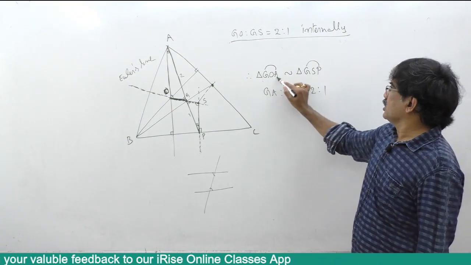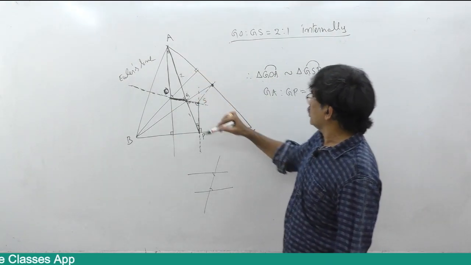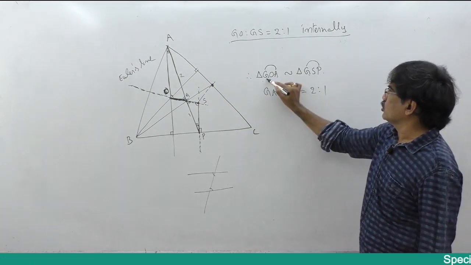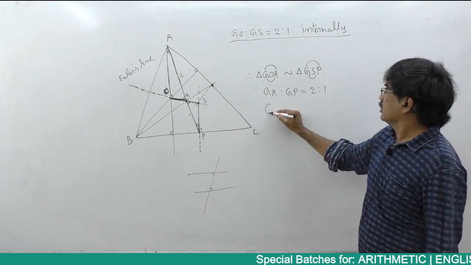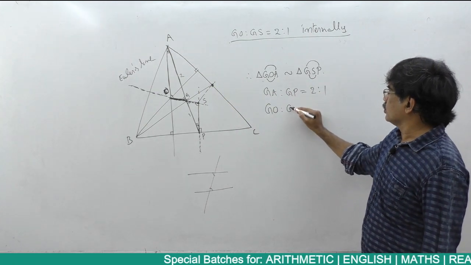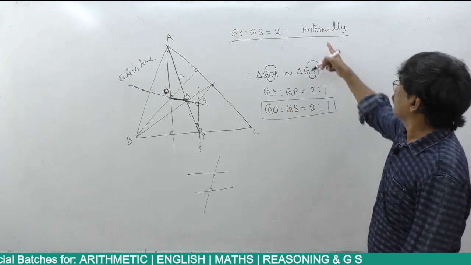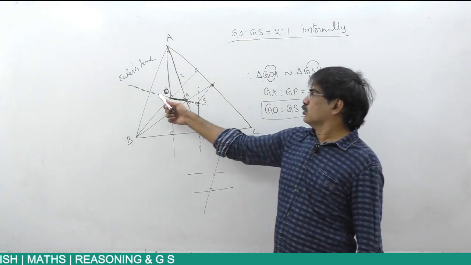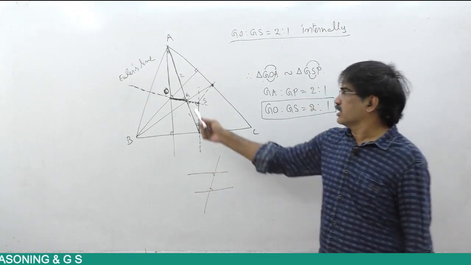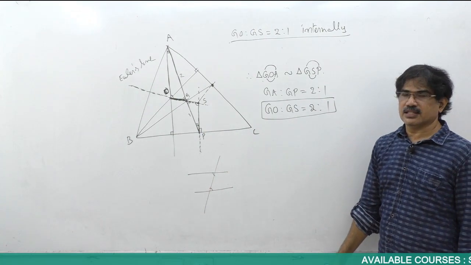So if GA is to GP is 2:1, GO is to GS is also in the ratio 2:1. Very simple proof. So therefore, OGS always collinear and G divides OS in the ratio 2:1 internally.